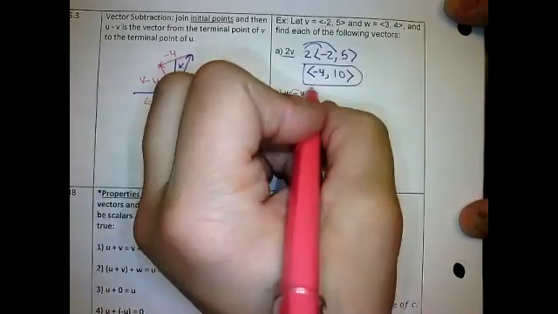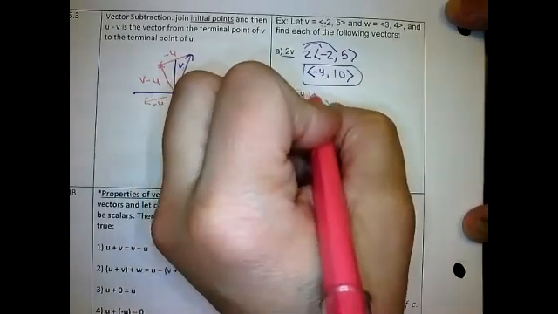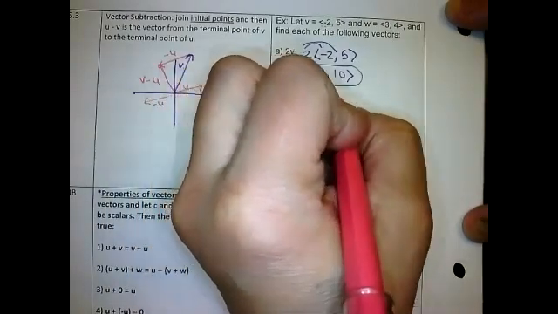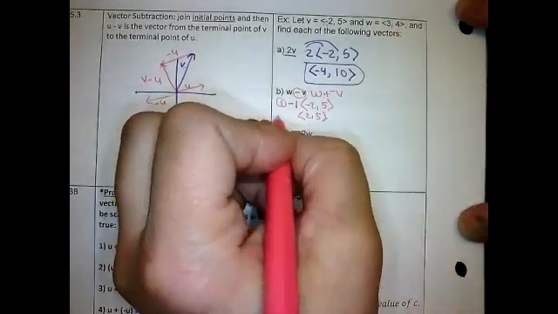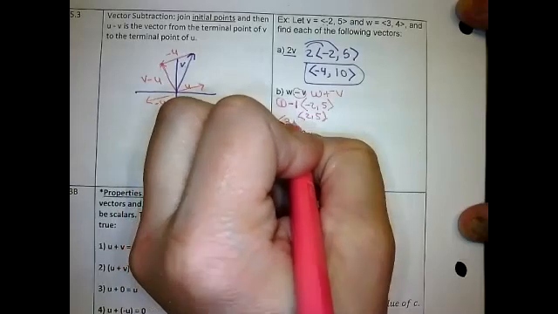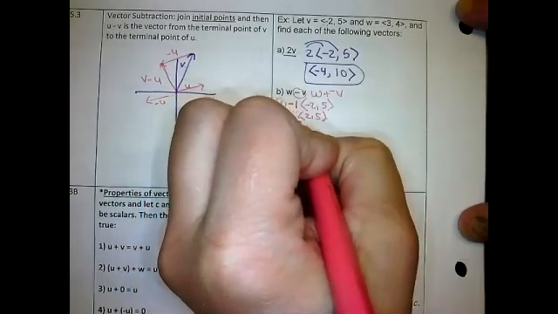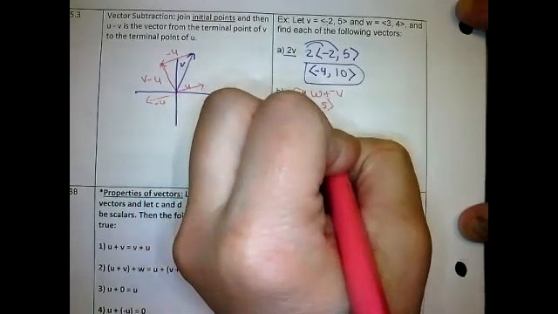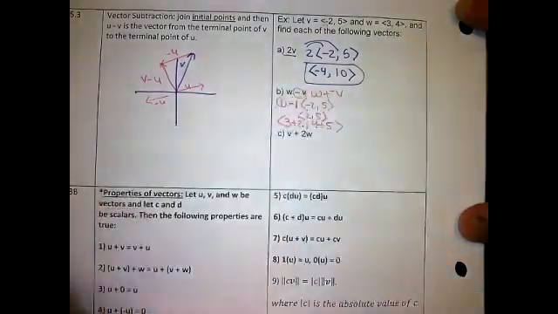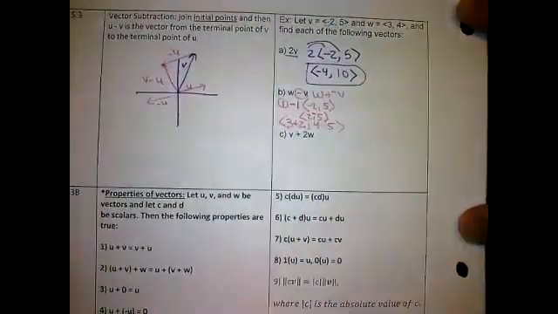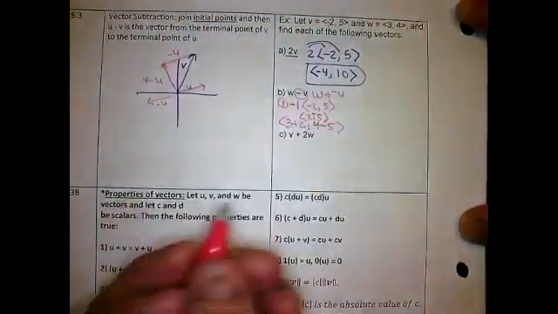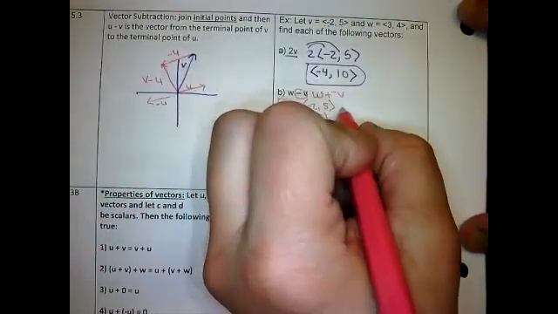Then I'm going to add them together, because remember that w minus v is the same thing as w plus -v. So now I found -v. Now I'm going to do 3 plus 2, and 4 minus 5. So that's going to give me 5 and -1.